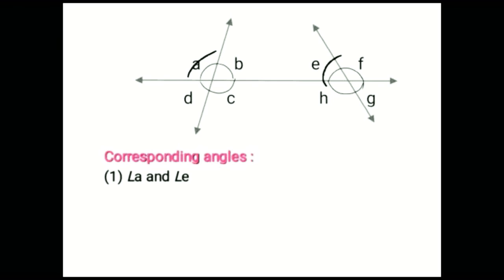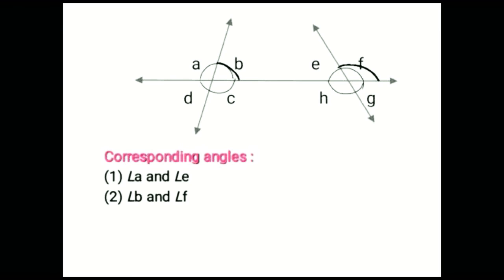Now next one, if I take angle B, angle B is on the other side on the first line. So you have to name the other angle on the same direction, angle F. Angle B and angle F. Why?